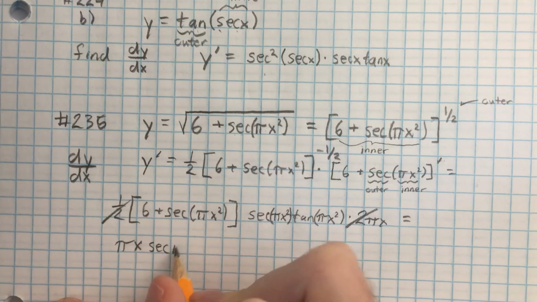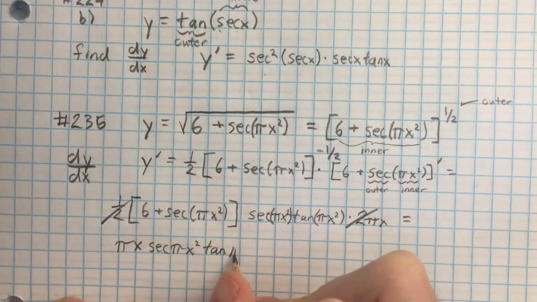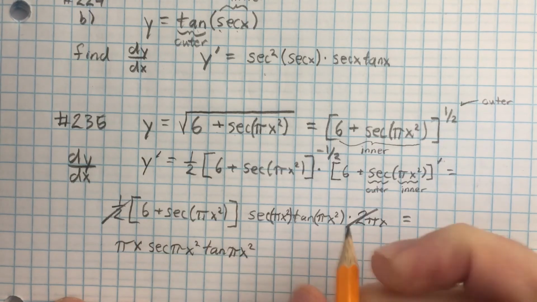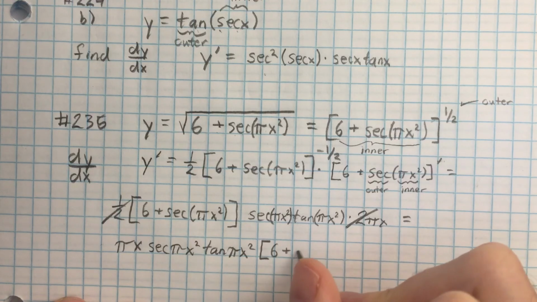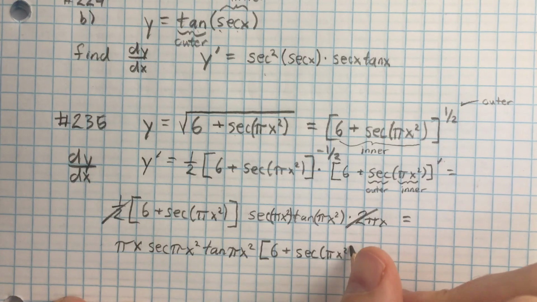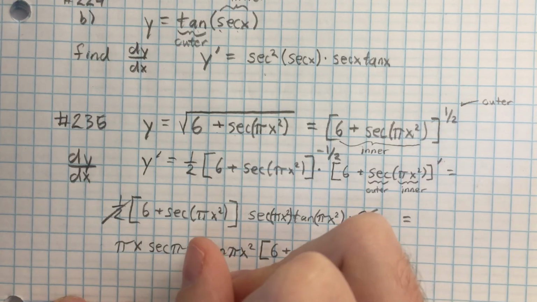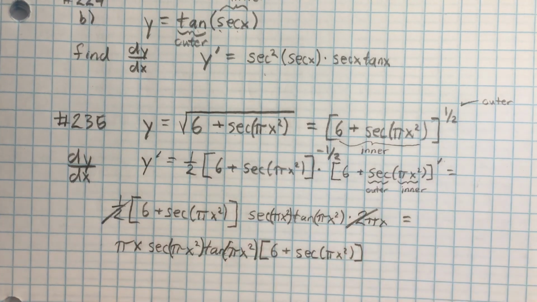Secant pi x squared tan pi x squared, and then finally the secant pi x squared plus the 6. And there's our answer.